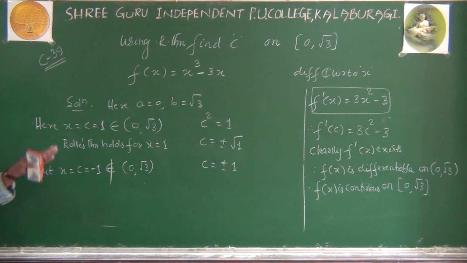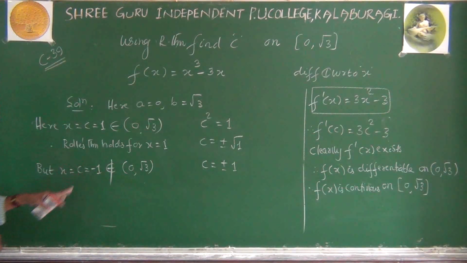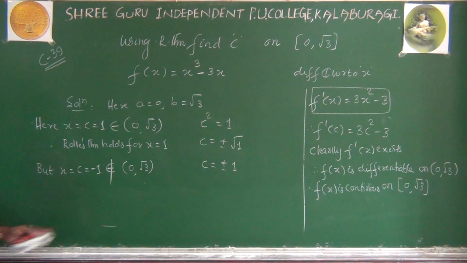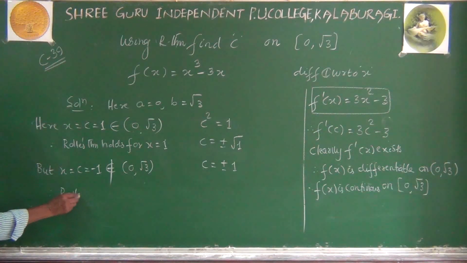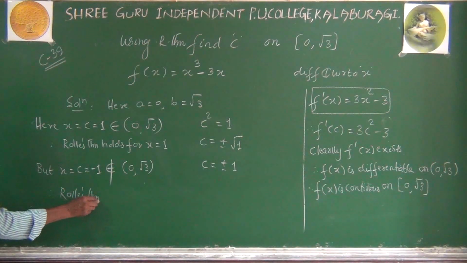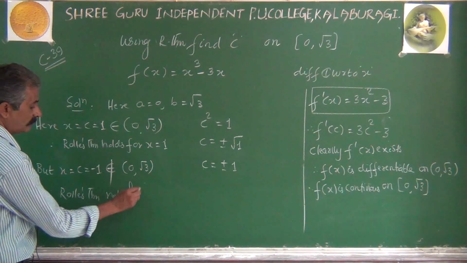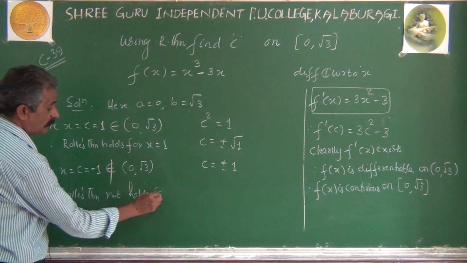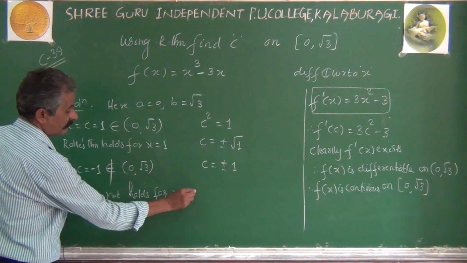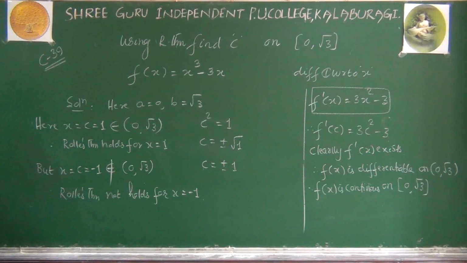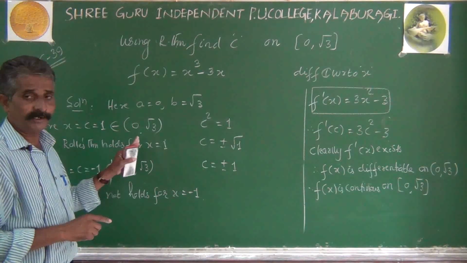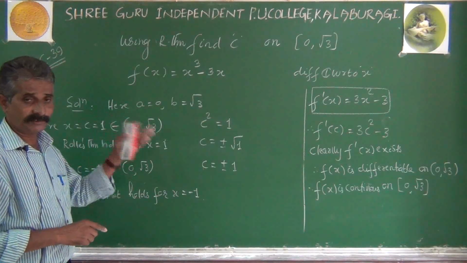But right now for this interval, Rolle's theorem does not hold for x equal to minus 1. Means only at x equal to 1 we have a tangent parallel to the x-axis.